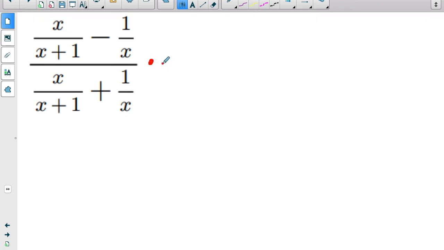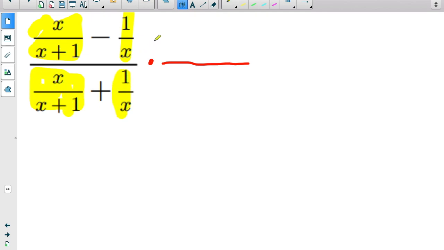Now we look at this one here, we need to see what do I need to multiply each of these fractions by so that the fractions in the numerator, the 1 over x, and this here, will simplify, as well as these here on bottom.